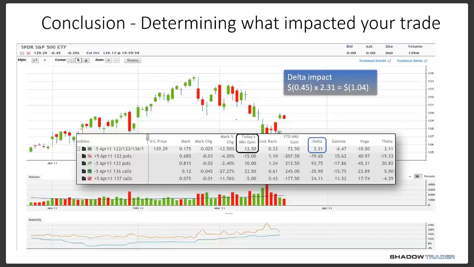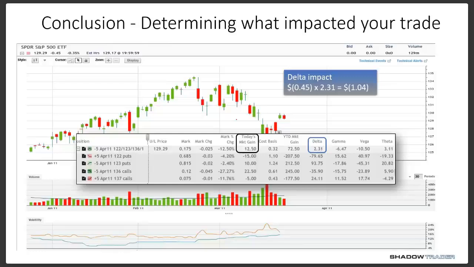So I had a 45-cent decline in the price of the underlying, the SPY, times a 2.31 delta gives me a loss of $1.04.